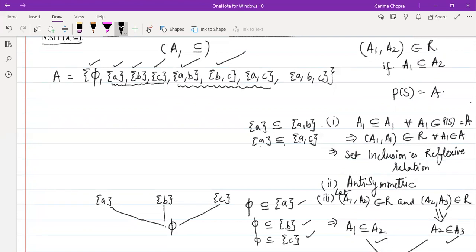As we have discussed that these 3 sets are not comparable, we can take them on the same level. So let us take here the set having two elements AB, the set having two elements AC, and one more, the set having two elements B and C.